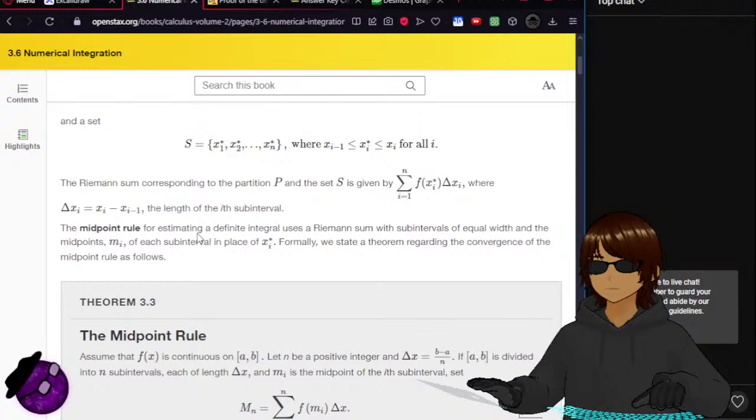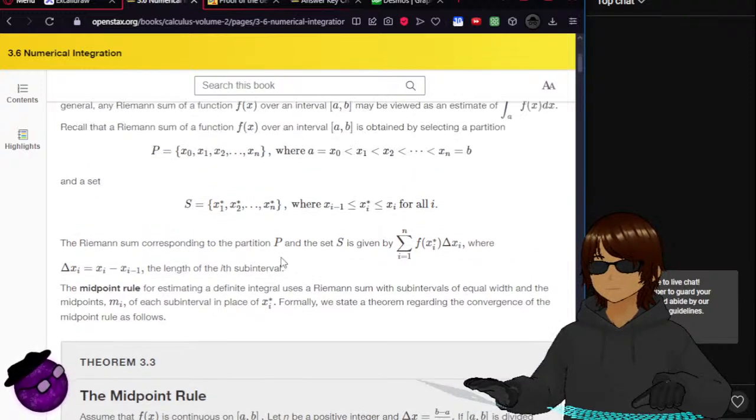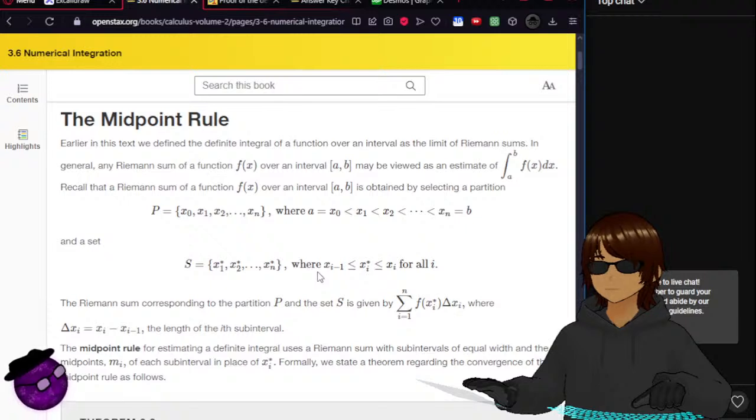Okay, the midpoint rule for estimating a definite integral uses Riemann sum with subinterval of equal width and the midpoint mi of its subinterval in place of xi. This x star is any point in between, right?